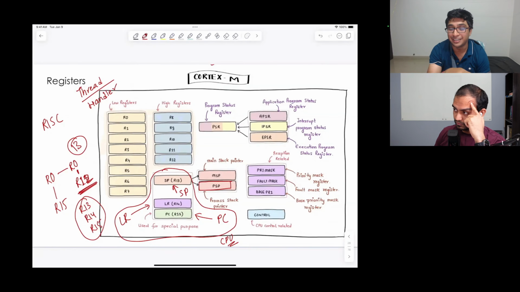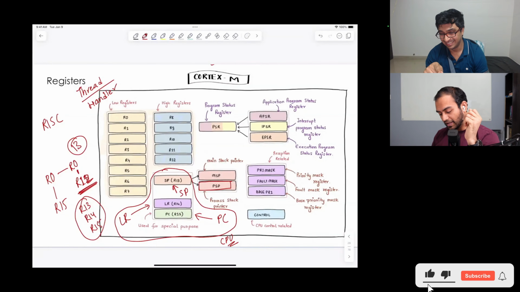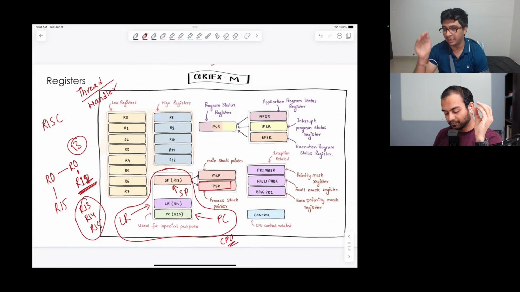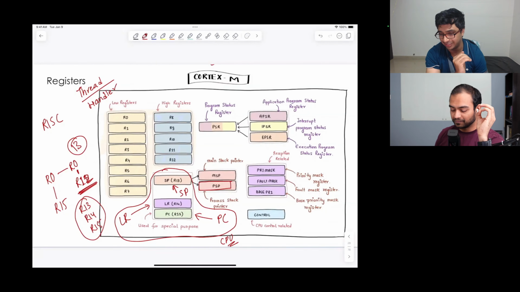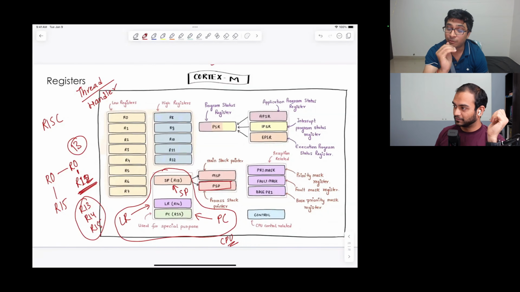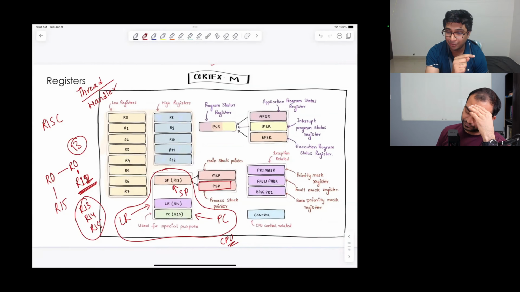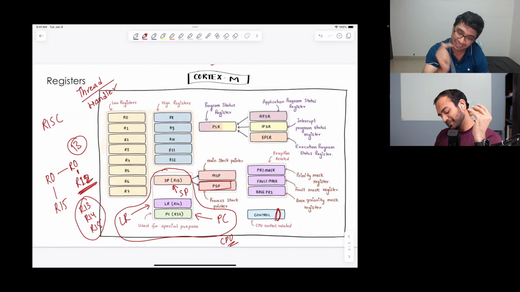Then the stack pointer R13 will still keep pointing to MSP. Okay, that is very interesting. So that bit is used to define it. ARM, for its complete processing, doesn't refer to MSP or PSP. It refers to the R13 register, which is the stack pointer. That is true. The control bit controls whether R13 is pointing to MSP or PSP. Unless the kernel clears that, the stack pointer will keep pointing to MSP.